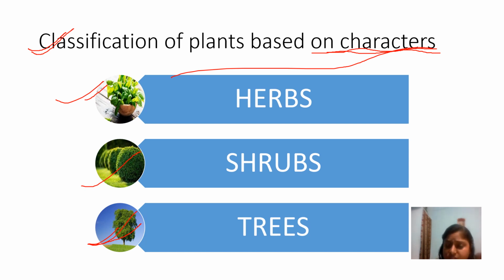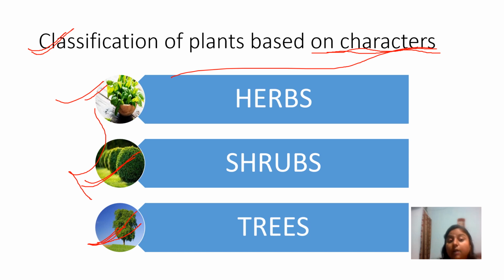The herb's stem is very soft, but the shrub's stem is harder than the herb's stem. And we all know that a tree's stem is much harder than both of these plants.